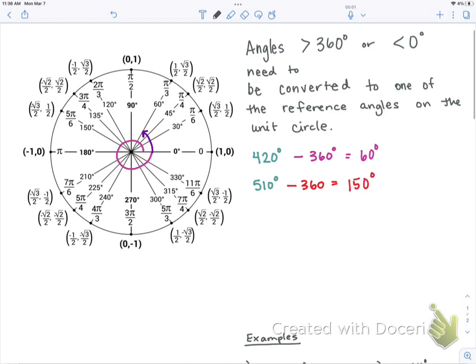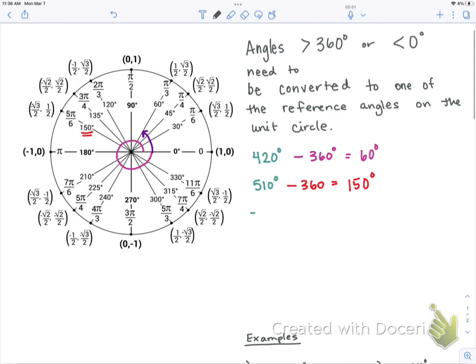So if I go around the circle once, plus another 150, that will equal that 510 degrees. Sometimes you might have to subtract more than once with that 360, depending on how big the value is. If you subtract 360 once and it's still bigger than 360, you're going to have to subtract again.